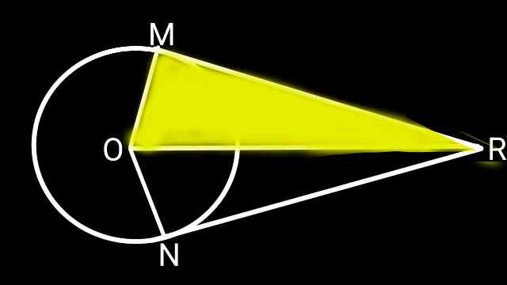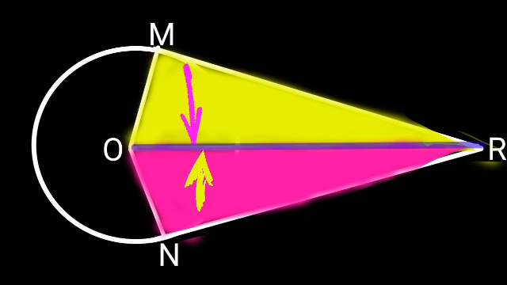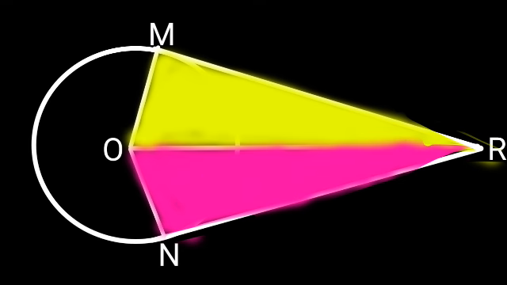in triangle OMR and triangle ONR, segment OM is congruent to segment ON. Segment OR is common to both triangles, and segment MR is congruent to segment NR. The reason is the tangent segment theorem.